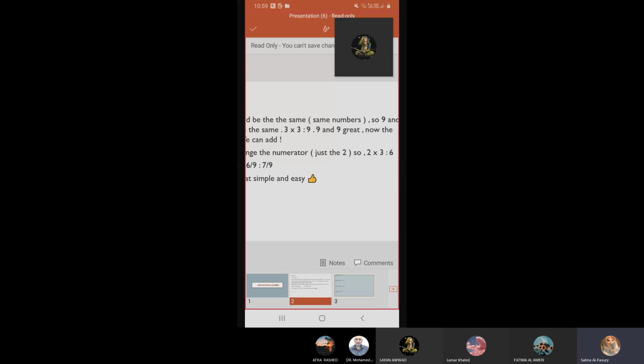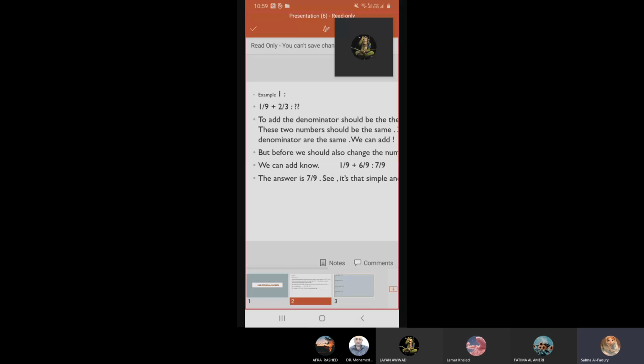If we're gonna change the denominator, we should also change the numerator. Because we just changed 3, so we're gonna change the 2 over it. So 2 times 3, it's 6. So as you can see here, 1 over 9 plus 6 over 9 is 7 over 9.